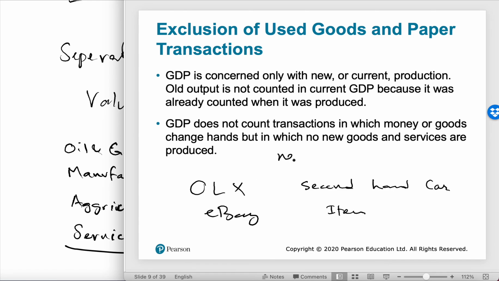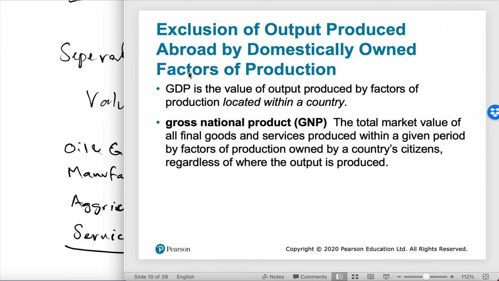But if you buy a new one, that is in the GDP. So the GDP is counting the goods and services which are produced inside that year. So that is why used commodities and paper transactions are not in the GDP.